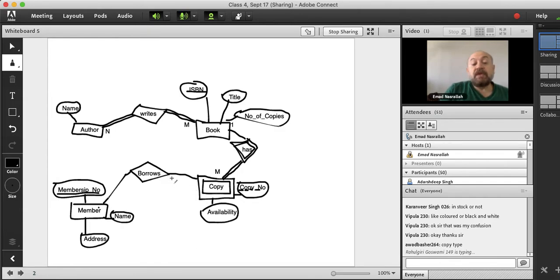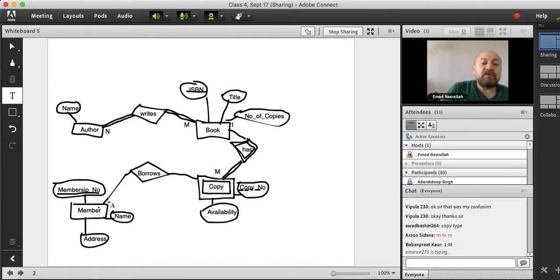Now, if we talk about the participation, we say that both of them are partial. Now the cardinality is many to many, of course.